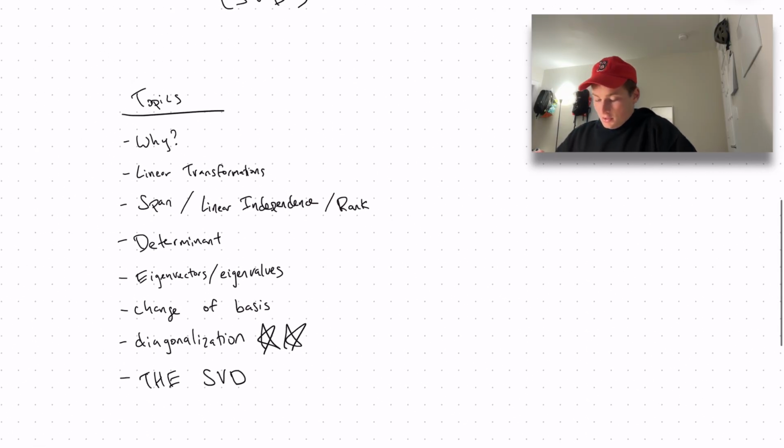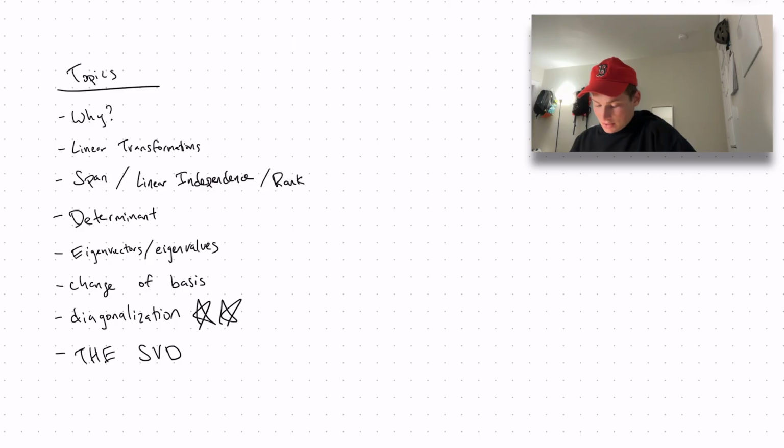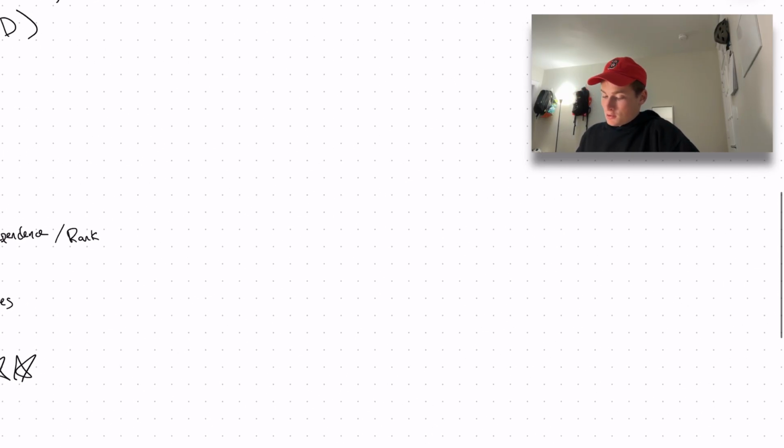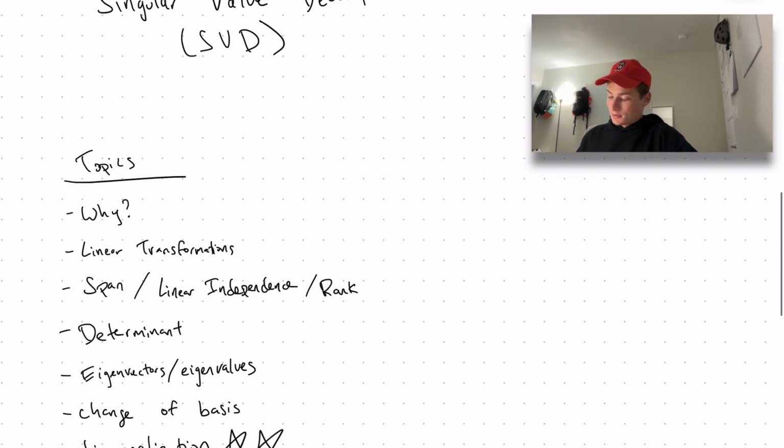Okay, so this journey begins with linear transformations. If you're clicking on this video, you probably have taken a linear algebra class, so I'm going to go quicker through the first topics, but they are super important. So we're going to start super simple.